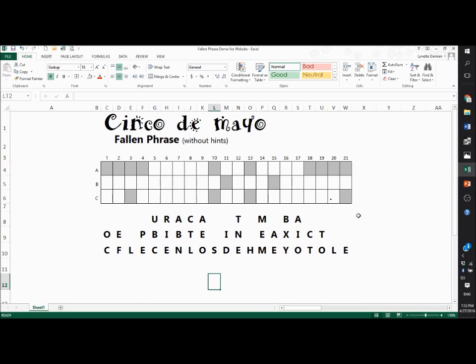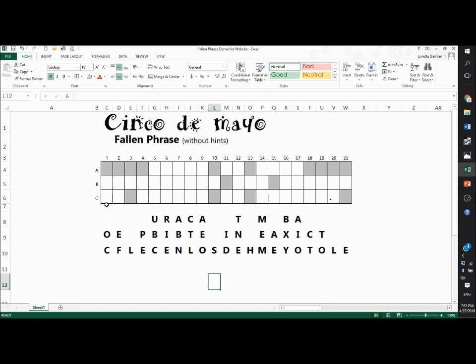The premise of the puzzle is that the letters were all in and then they fell, hence the name fallen phrase, beneath the puzzle, but they all fell directly below the column that they are under.